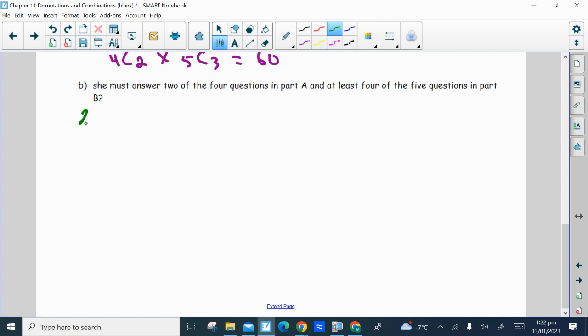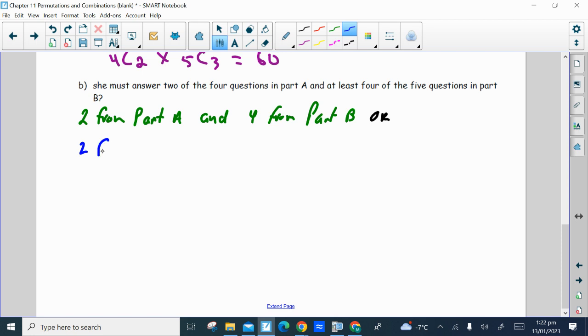The 2 scenarios would be 2 from Part A and 4 from Part B, or the other scenario would be 2 from Part A and 5 from Part B. It says she must answer at least 4 of the 5 questions in Part B. So that means 4 or 5. So these are the 2 scenarios that we have to deal with.